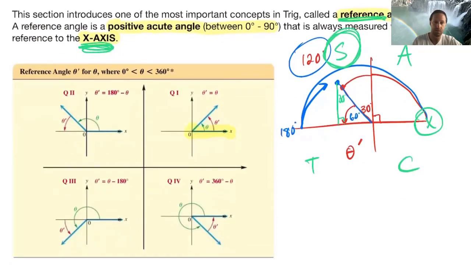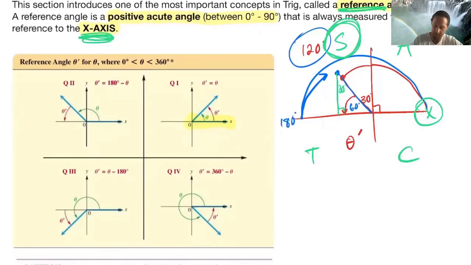Okay? So the easiest way is to not do 90 plus 30 and then see what's left. Since we're going to be drawing it to the x-axis, it's always to use the 180 degrees and then see how much you have to come back, because that number then gives you your reference angle. Now, you don't need a reference angle between 0 and 90 in quadrant 1 because it's already an acute angle.